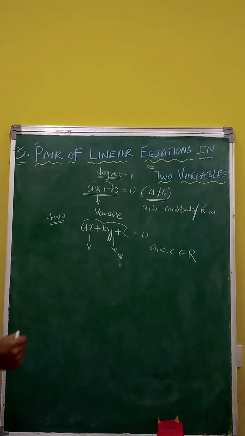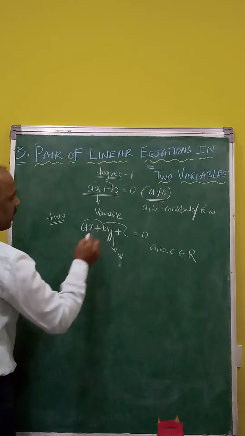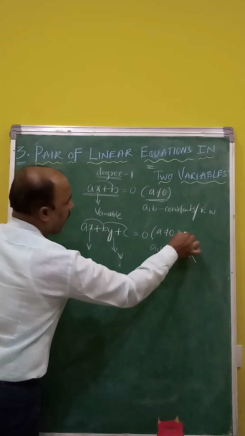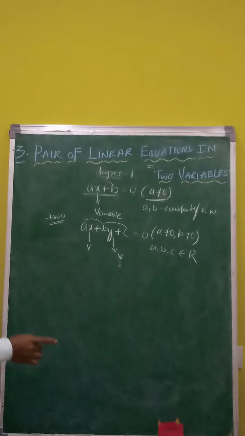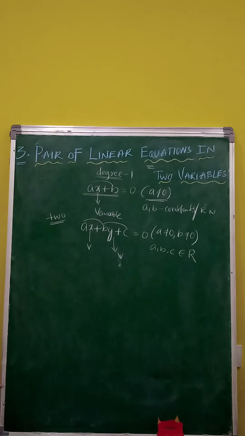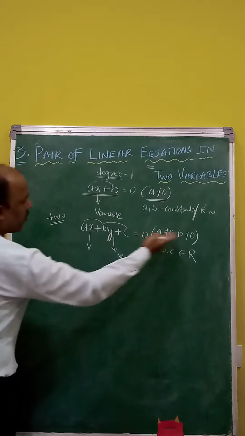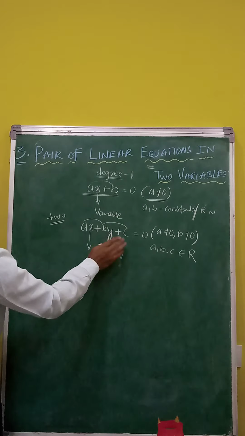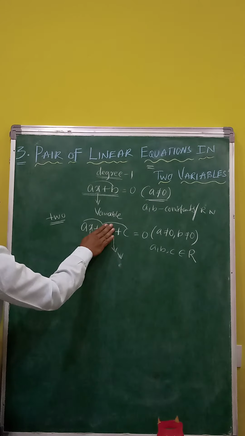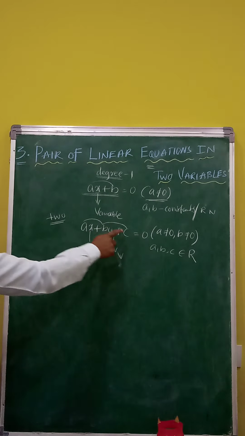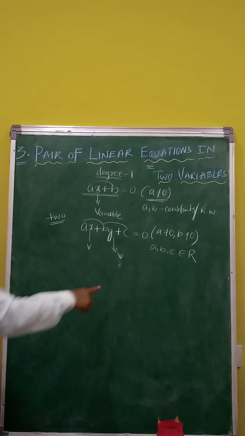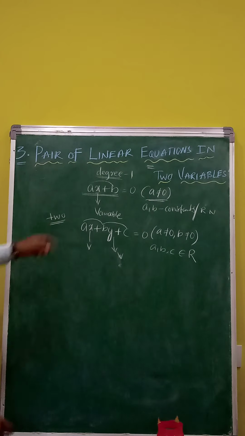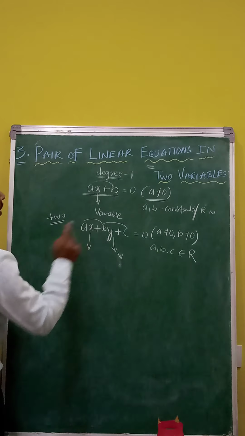Here one more condition: a does not equal 0 and b does not equal 0. That is a must. If a is 0, then there is no x, and again it is only one variable. If b is 0, then there is no y term, just ax plus 0, again one variable. That's why a does not equal 0 and b does not equal 0. This is a linear equation in two variables.